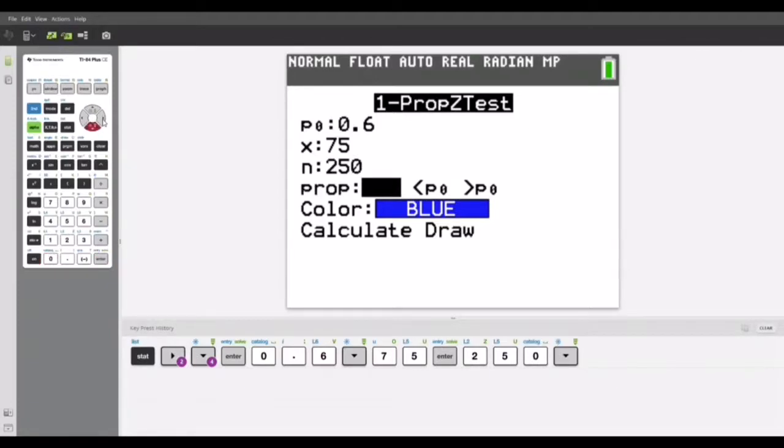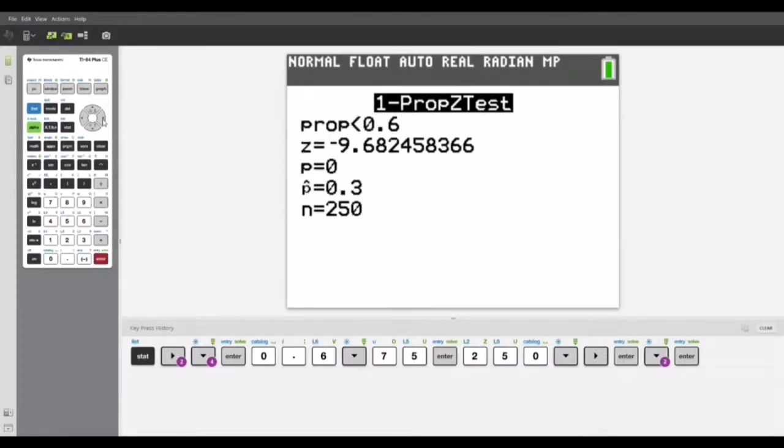Our alternative hypothesis is a less than. And then go down to calculate, select enter, and you get your values there.